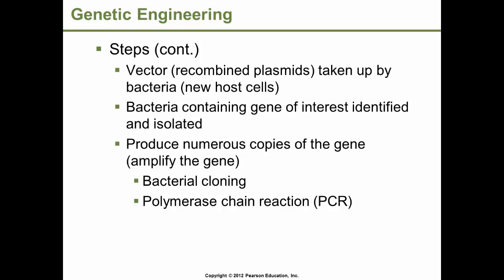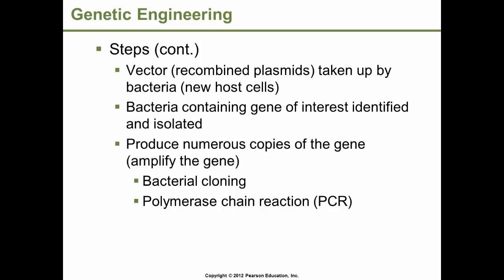abbreviated PCR. In PCR, the DNA of interest is unzipped by breaking the hydrogen bonds to form single strands. These single strands are mixed with primers, which are special short pieces of nucleic acids that pair with the bases complementary to each strand.